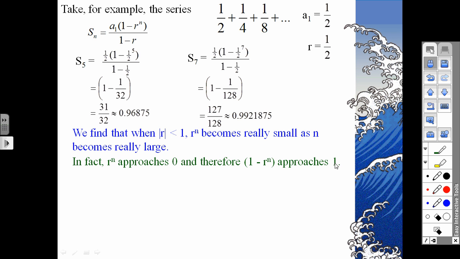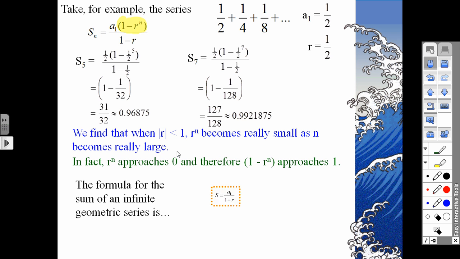So what this all boils down to is that in this formula, as n gets really big, this whole portion, I'll even highlight it for you, this whole portion right here goes away. It becomes 1. Okay, and so if that's the case, what you're left with is a sub 1 divided by 1 minus r.